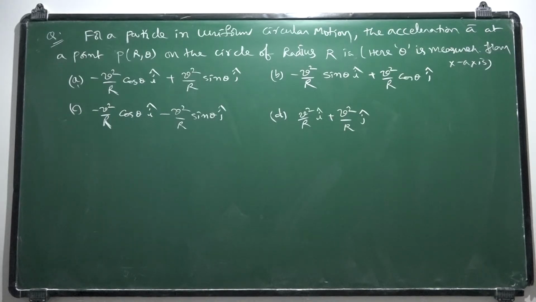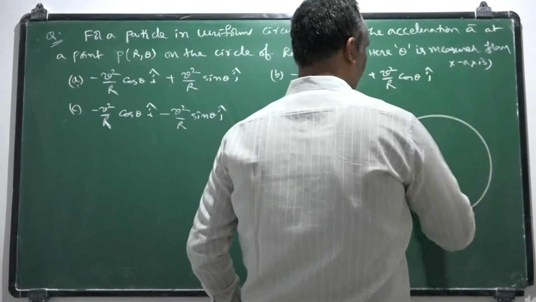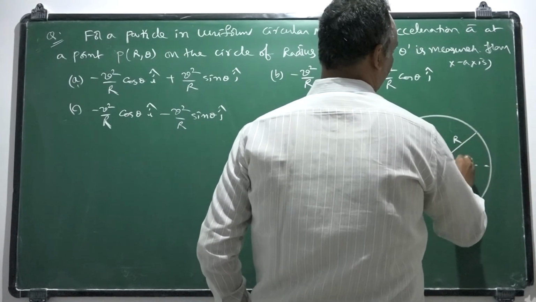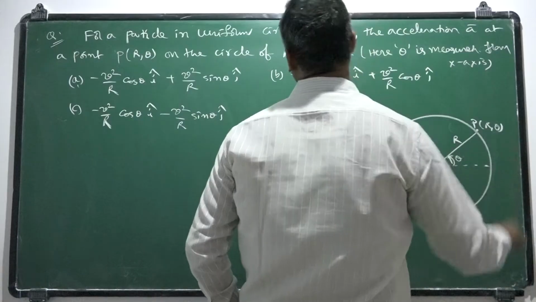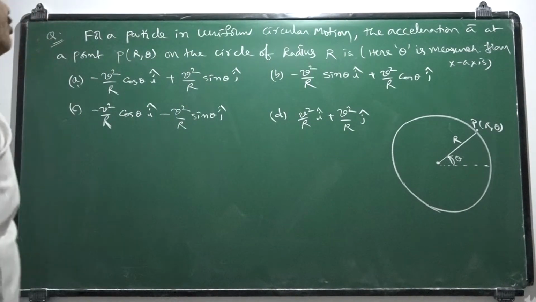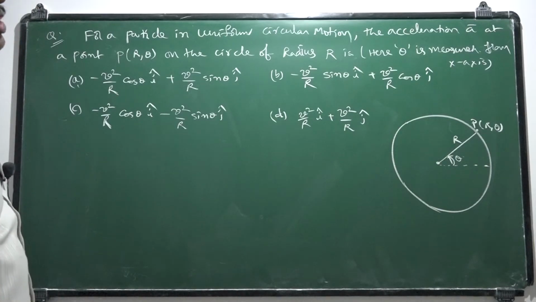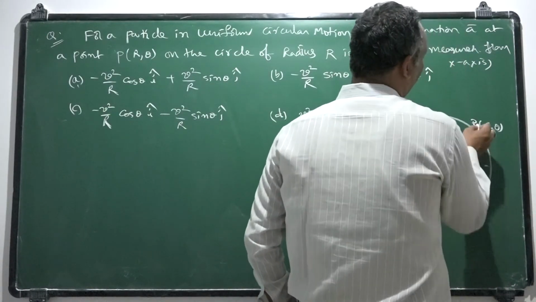Solution is simple. Particle is in uniform circular motion. We need the acceleration at a point P (r, theta) on the circle of radius r. Suppose the particle is moving on this circle of radius r and is at this position P (r, theta).